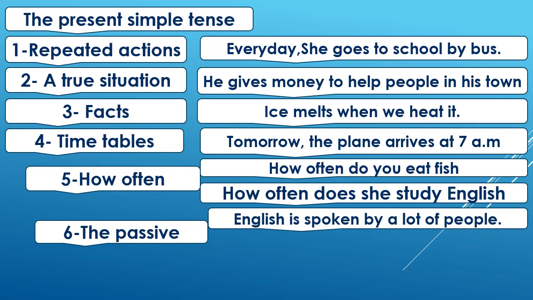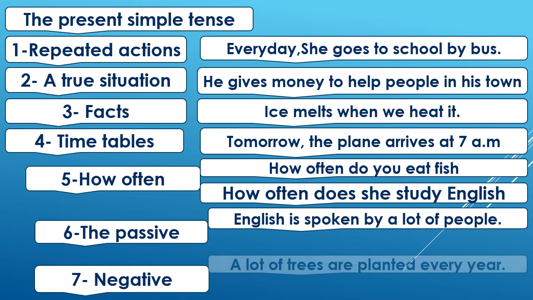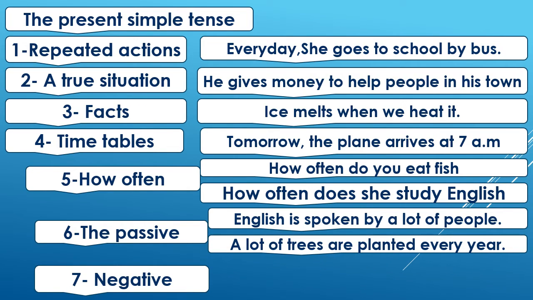Okay, and now with the passive in the present simple tense: is, are, past participle. English is spoken by a lot of people around the world. English is a subject here in this sentence, but in the main sentence, before changing into passive, English is an object.